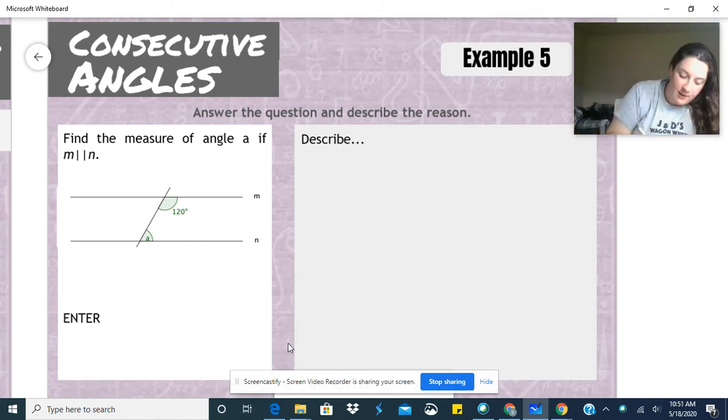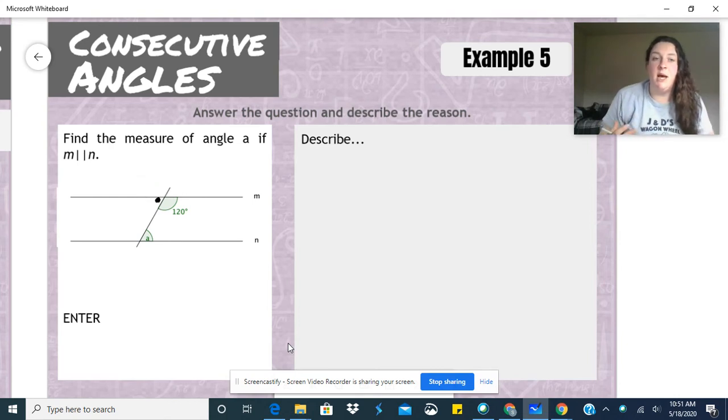Well, we know that angle A and this angle are the same, right? Because they're alternate opposite angles. So they are congruent. We know that a line is 180 degrees.